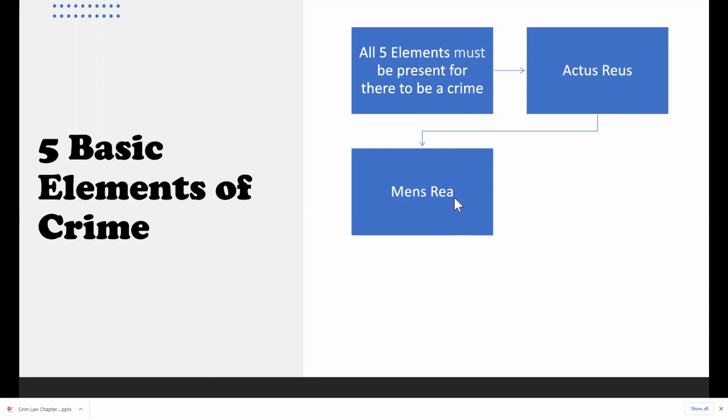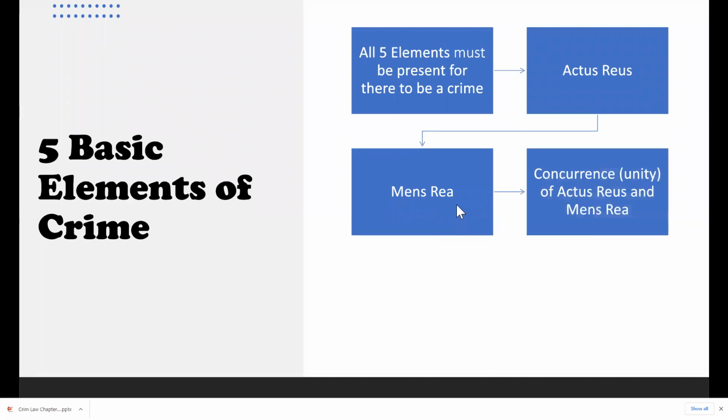And you need to know what the actus reus is for that crime and what the mens rea is for that crime. But all crimes will have an actus reus. It just may be a different one than another crime. And all crime has mens rea, and the mens rea is different for each crime. There must be a concurrence, meaning that the actus reus and the mens rea happen at the same time.